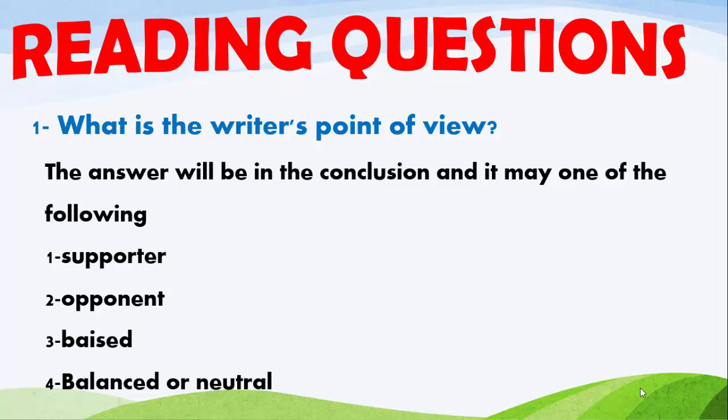You can understand the writer's attitude or point of view from the conclusion. The writer's point of view may not be declared, or you can understand it from the passage as a whole. But when you reread the conclusion, you can understand that the writer is adopting a certain point of view, and it must be one of these four.